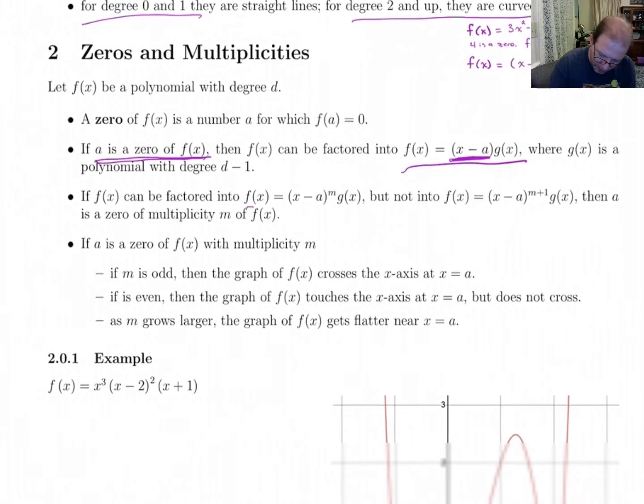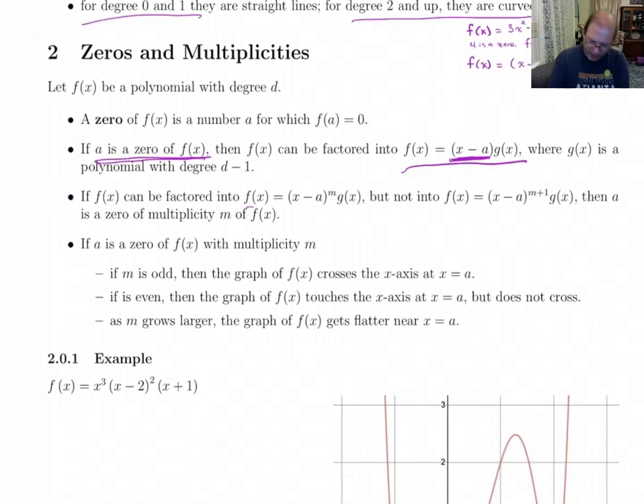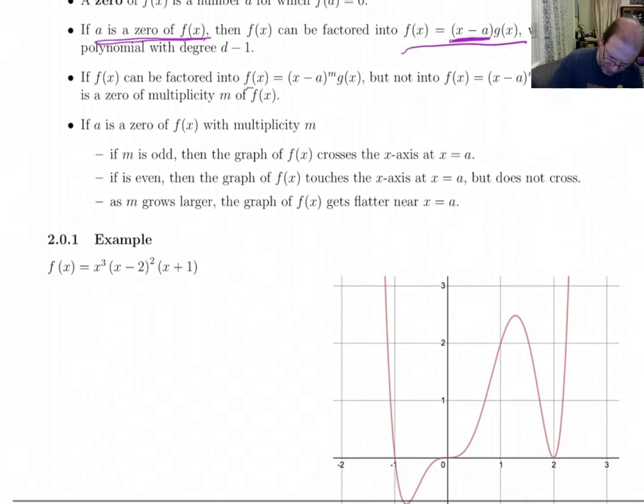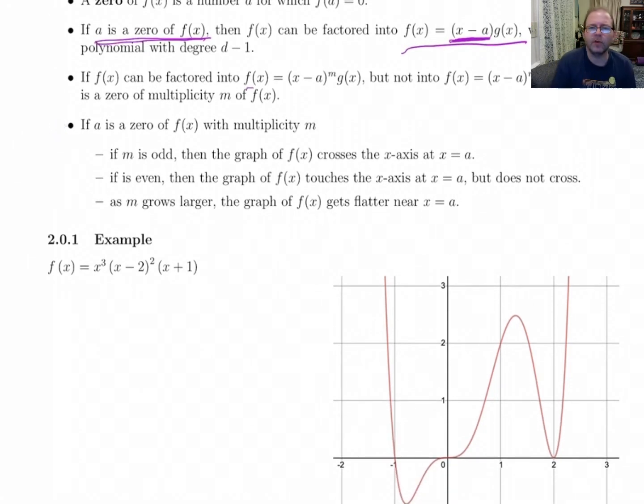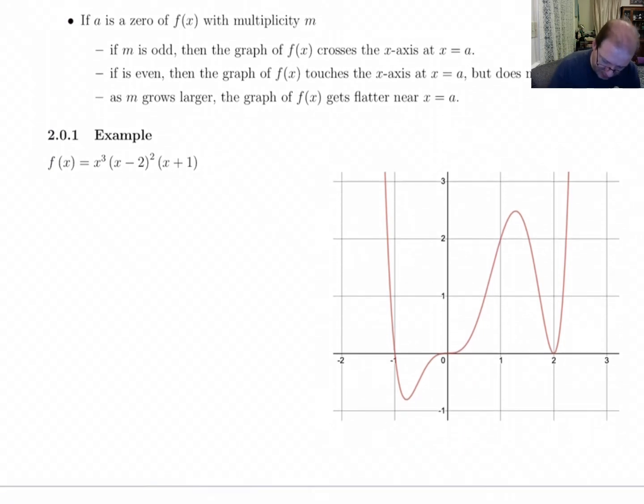All right. This next part I want to skip for a second. And the other part, instead of going through those, let's do this example, and then I'm going to come back up and talk about it. This example doesn't say, but we want to find the zeros of this polynomial.